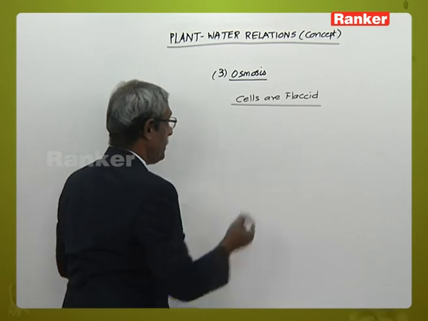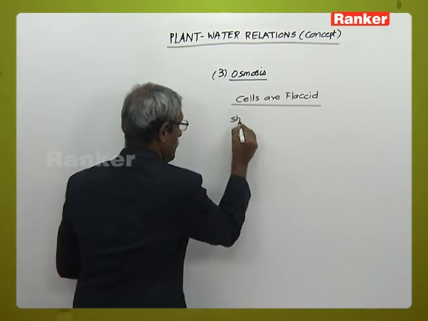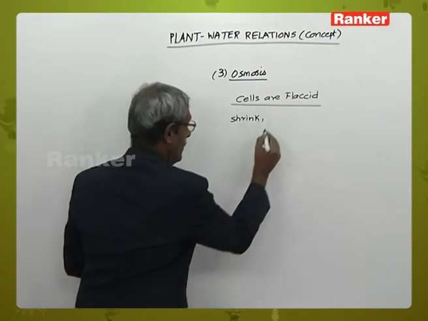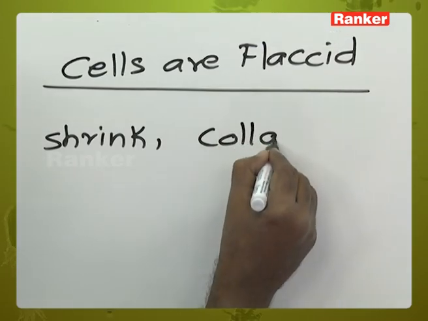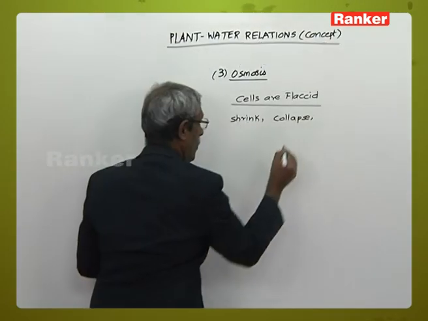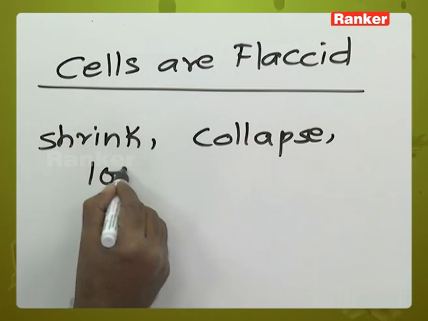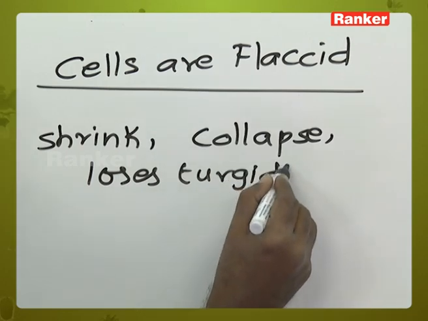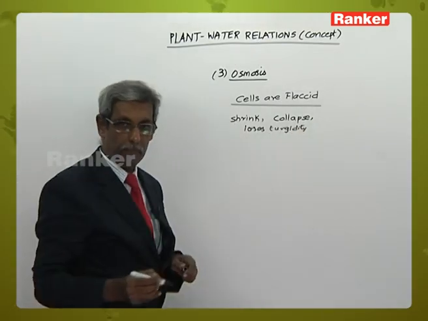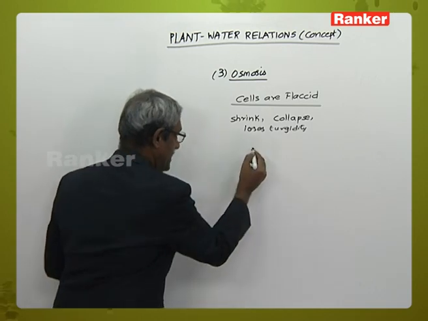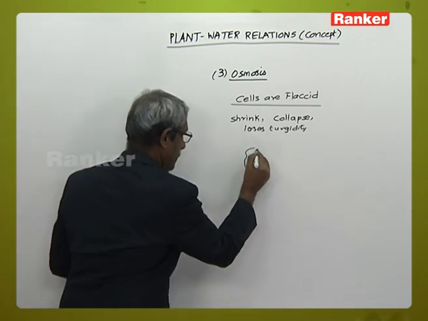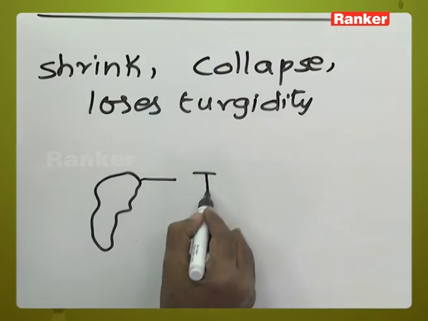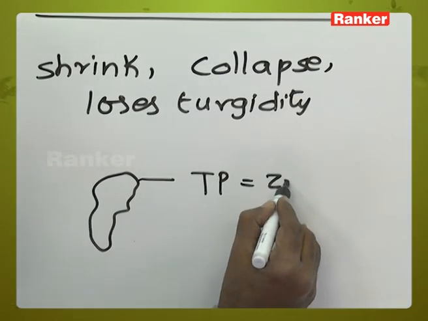When you say flaccid, it means cells shrink, or the cell will collapse, or it loses turgidity. When you take a flaccid cell, in a flaccid cell, the turgor pressure is equal to 0.